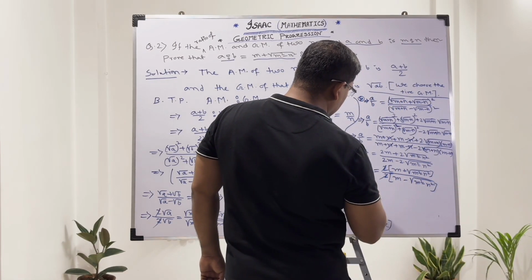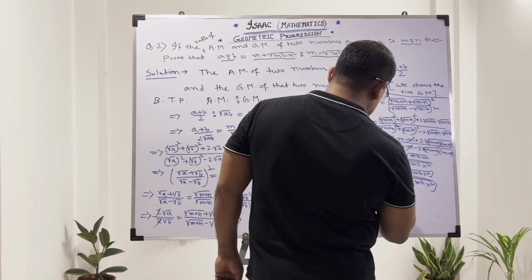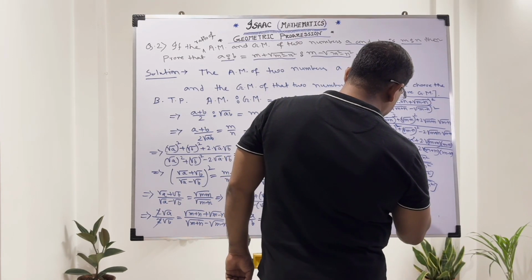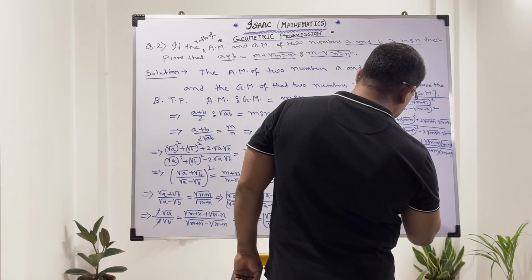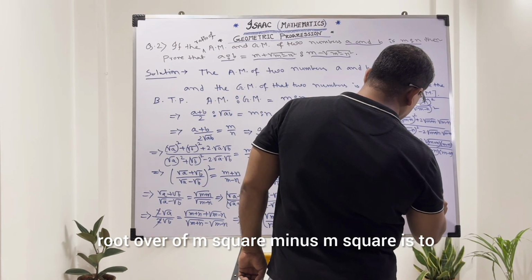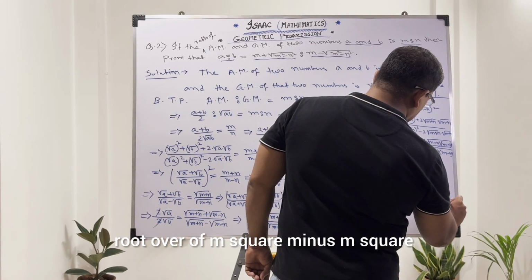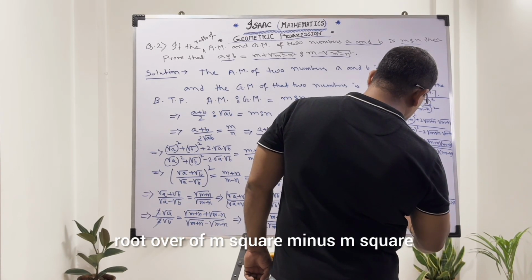Cancelling these two, we get a is to b equals m plus root of m square minus n square is to m minus root of m square minus n square.